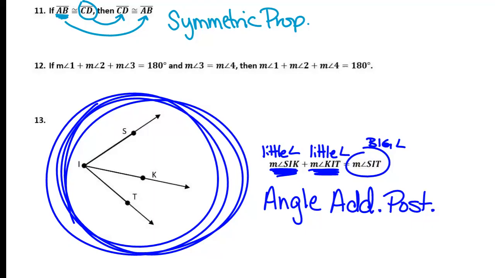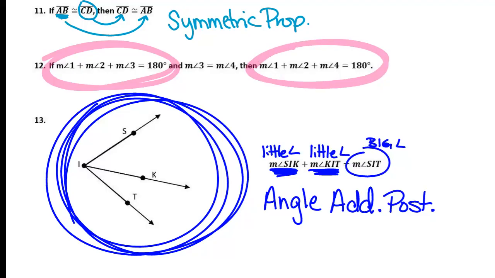Number 12 is one of my favorite ones. Number 12, we have a big long equation over here with the if, and we have a big long equation over here in my then. What's different between the big long equation in the if statement and the big long equation in the then statement? Angle 3 is here.